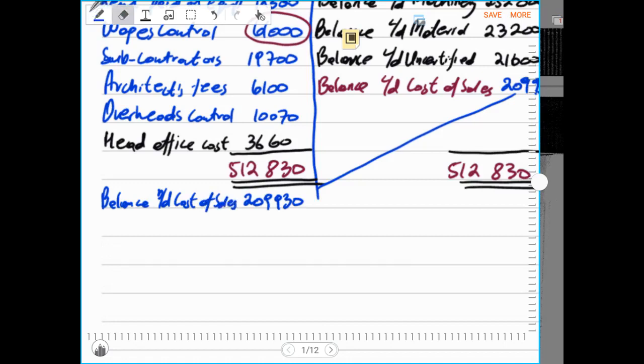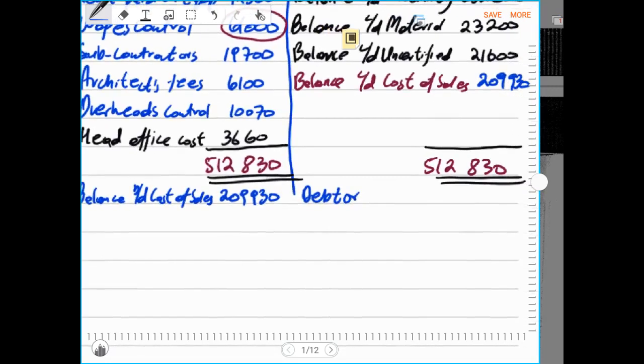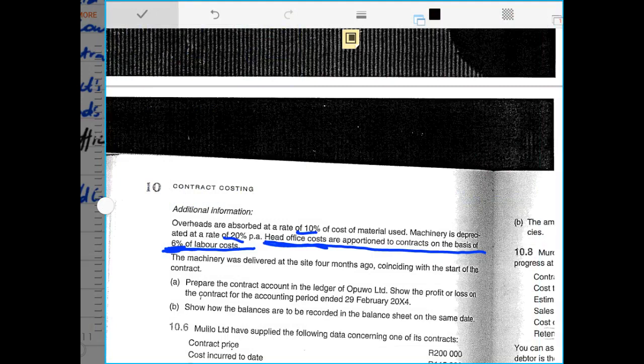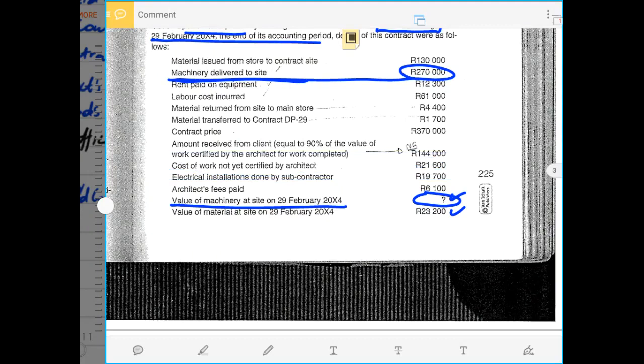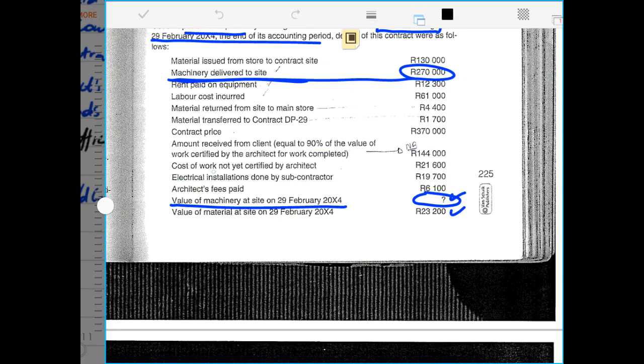So now we have to record the sales amount, which is the amount that the debtor owes us because of the work that is certified, 160,000 rands. I hope you still remember this amount because we were given the cash that was received. The cash received was 90% of the value of work certified by the architect, 144,000 rands.